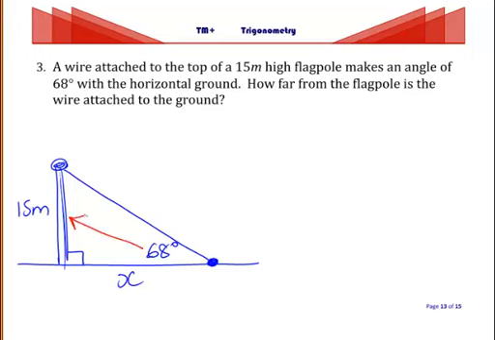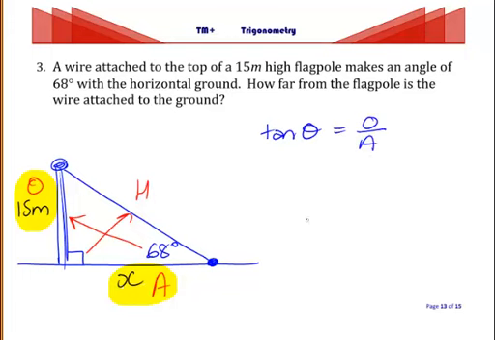Labelling, opposite my angle, so opposite my hypotenuse. Sorry, opposite my right angle is my hypotenuse. I keep doing that. And my other is adjacent. So I've got O. I want A. So O and A is tan. So tan theta is opposite over adjacent.